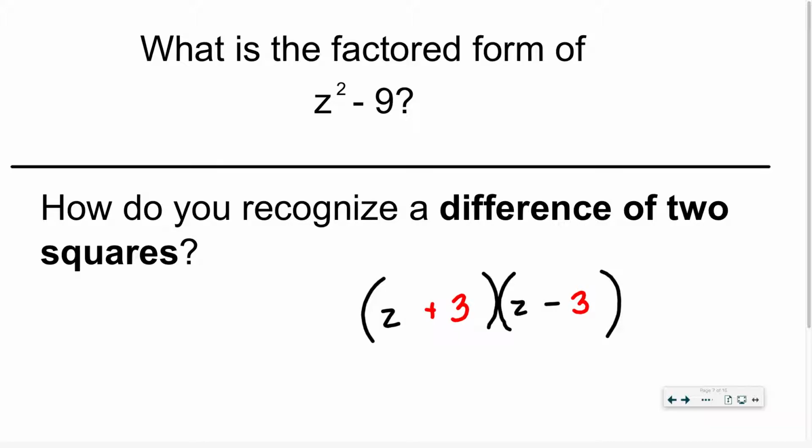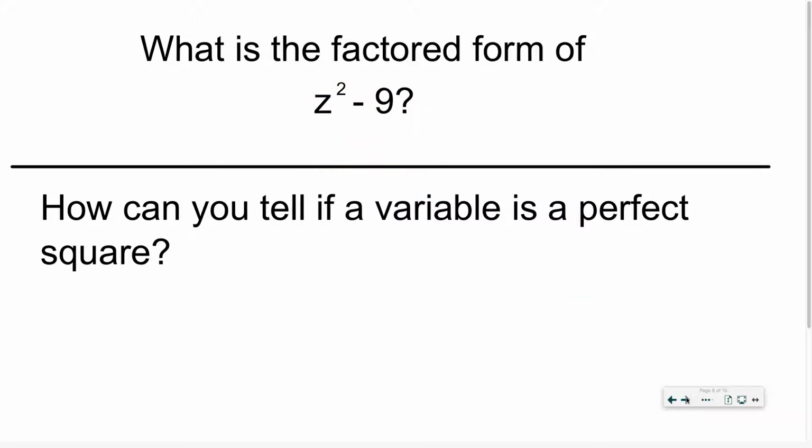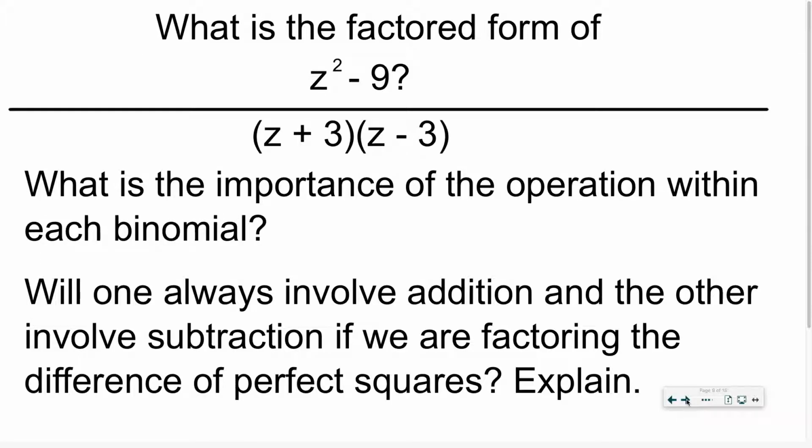So really, you're finding the square root of this term, the square root of this term. And what do you know about the signs? They're opposite. They would have to be opposite. Why? Because you can't multiply any numbers together to get a negative 9. So I know I can't multiply the same number by itself to get a negative 9.